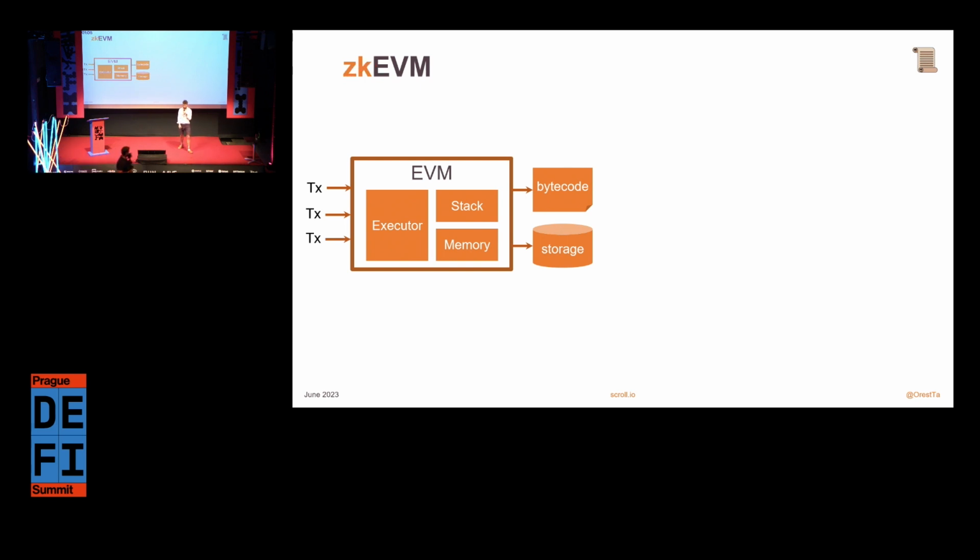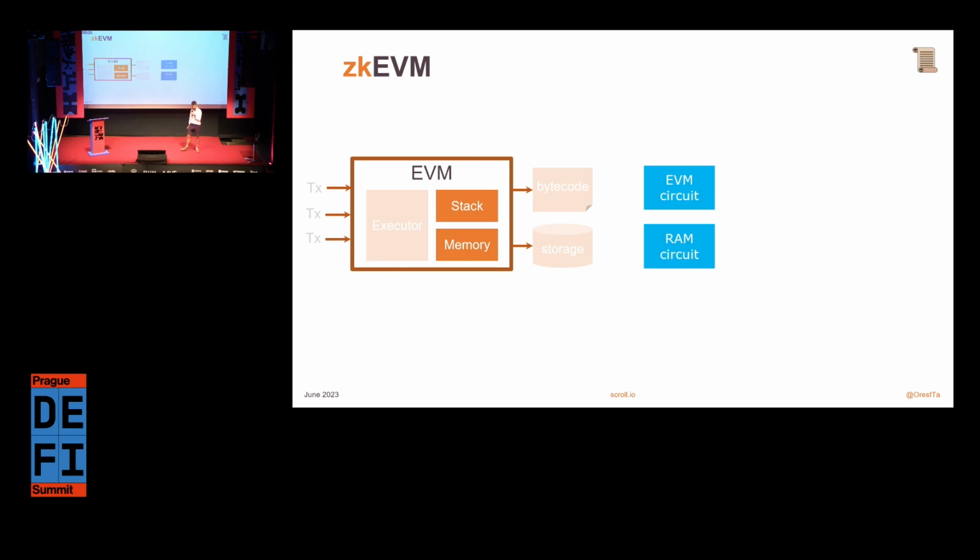Now, if we go away from the EVM and expand towards the zkEVM, we will need to add several new components. So we need a separate circuit for proving stuff that the executor is doing, the EVM circuit. We need a separate circuit for the RAM. This has to do with how ZK proofs deal with random access.